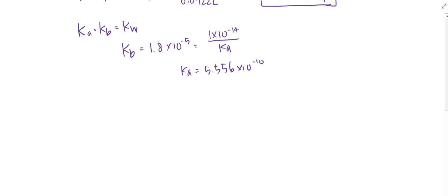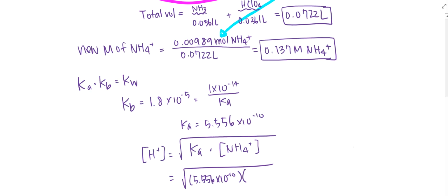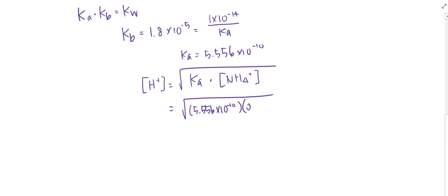The formula that we need to use is the calculation of H+. H+ is equal to the square root of Ka times the conjugate acid's concentration, which is that. Do you see that? Now all I have to do is plug everything in: 5.556 times 10 to the negative 10, and NH4+ was 0.137 molarity.